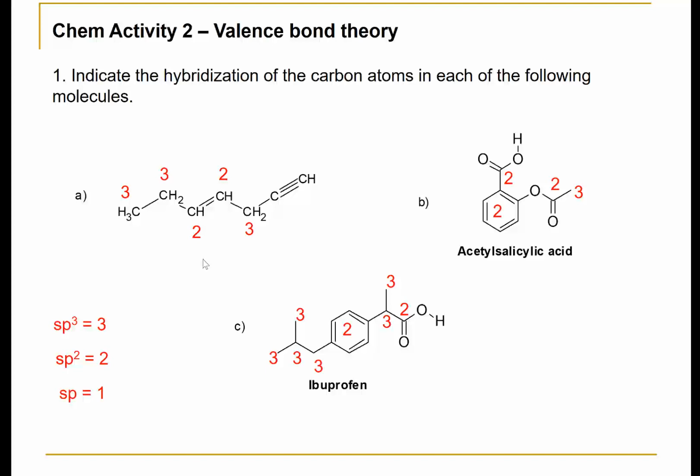It's therefore making 3 sigma bonds. It must be sp2 hybridized. Now, I took a shortcut. All the carbons in this benzene ring are sp2 hybridized, as they are all making 3 sigma bonds. Finally, these carbons up here are making only 2 sigma bonds, and therefore they must be sp hybridized.